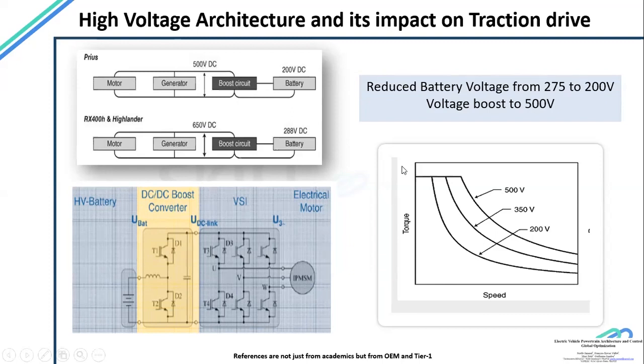That voltage is going to impact the electric drive design, because with 500 volt I can have much higher back EMF, so I can run at very high speed, and I can have different torque speed characteristics of the electric machine. So this is another important consideration: what kind of architecture we have in place for electric machine design.